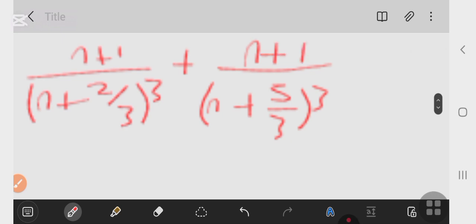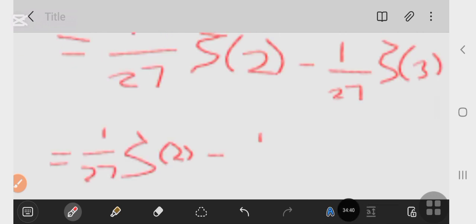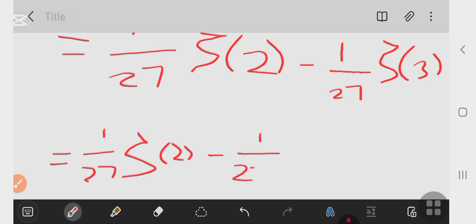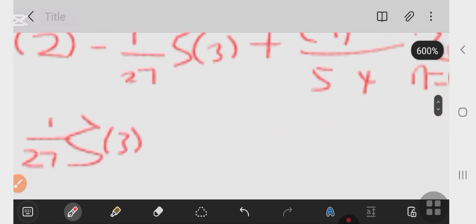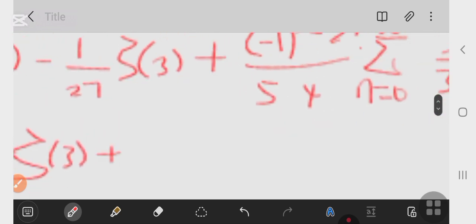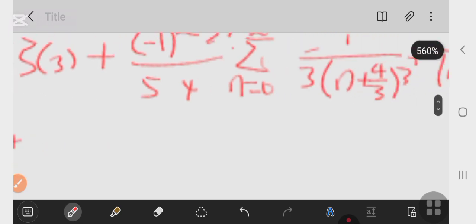Decomposing them now into partial fraction, I have this one now becomes 1 over 27 zeta 2 minus 1 over 27 zeta 3 plus, remember I want to factorize those after decomposing these into partial fraction.